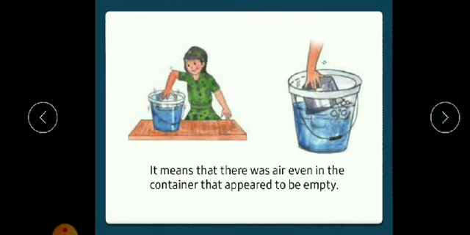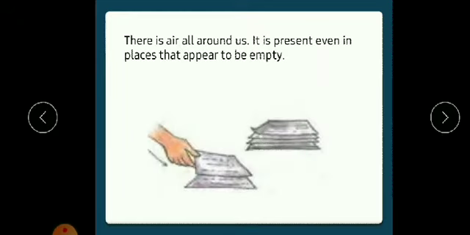It means that there was air even in the container that appeared to be empty. There is air all around us. It is present even in places that appear to be empty.